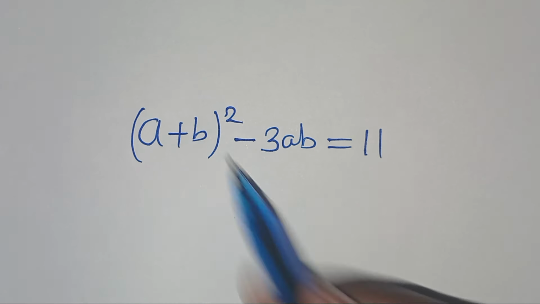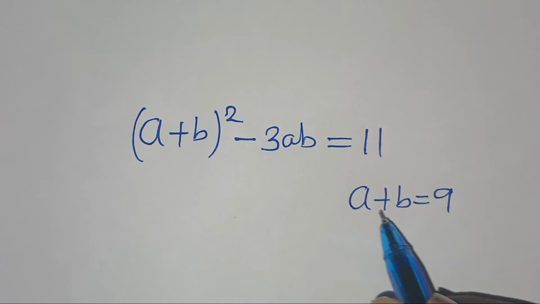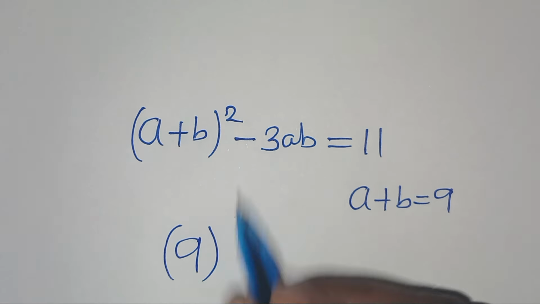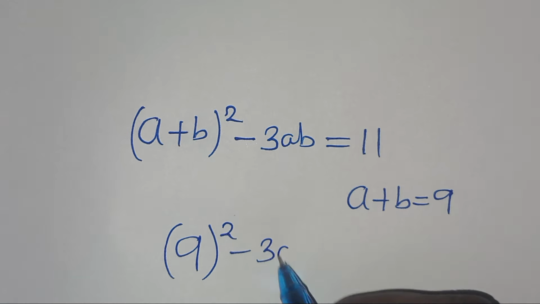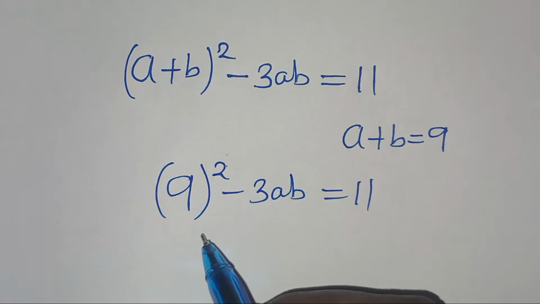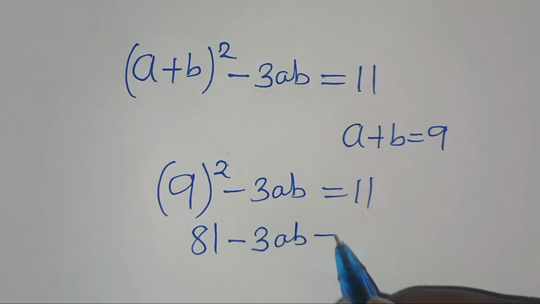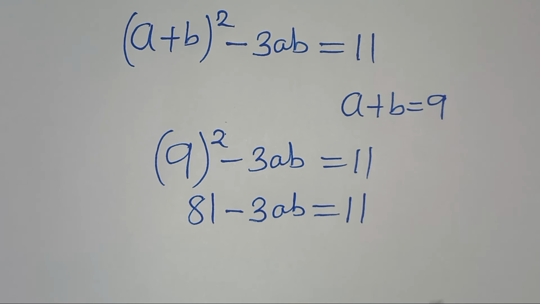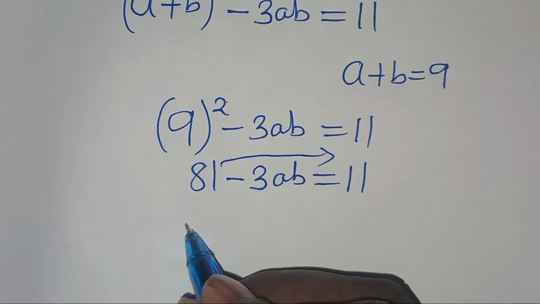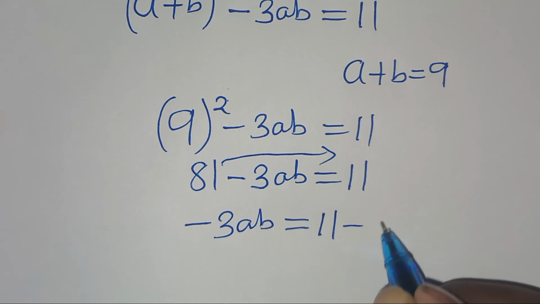Now we have that a plus b from equation 2 is the same thing as 9. So let's substitute a plus b with 9. So we have 9 raised to the power of 2 minus 3ab. This is equal to 11. Now 9 squared is 81 minus 3 times ab. This is equal to 11. Let's take 81 on the right hand side so that now we have minus 3ab equal to 11 minus 81.